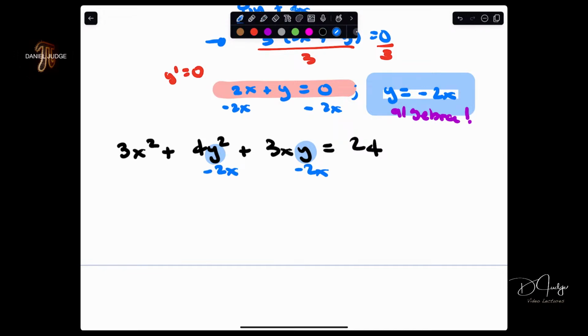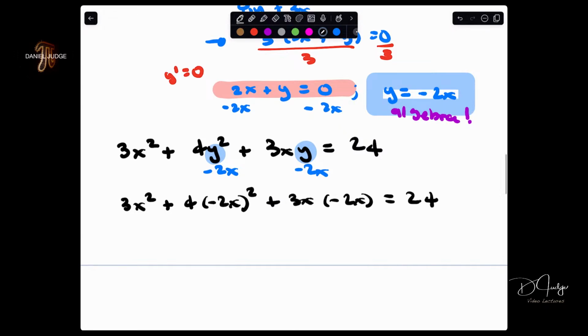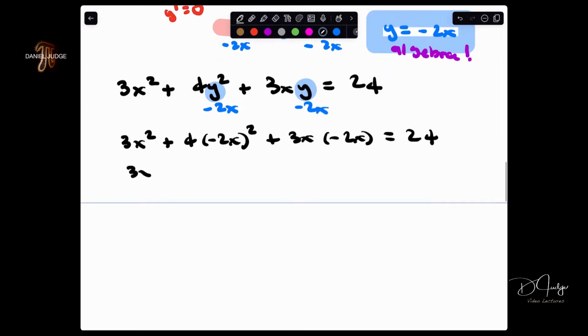So what does our equation become in that case? I'm going to keep it black and say here's 4 times negative 2x squared plus 3x times the negative 2x will equal 24. So you end up with 3x squared. Now I'm going to do every detail because it sometimes is helpful.